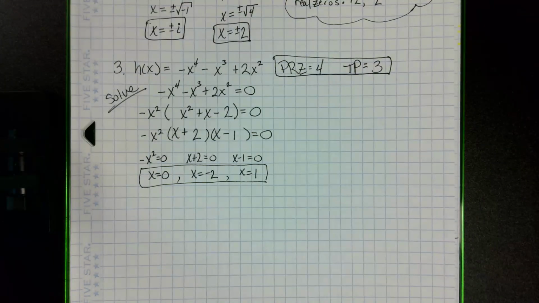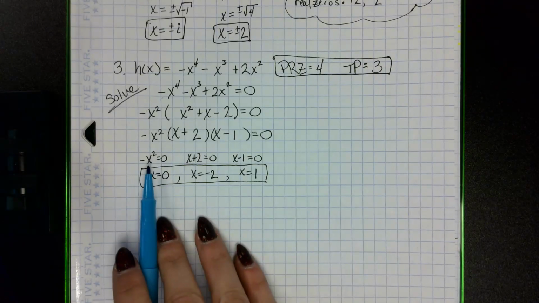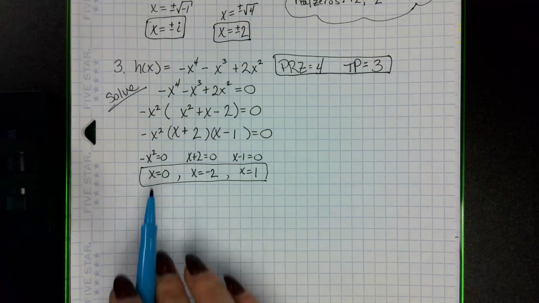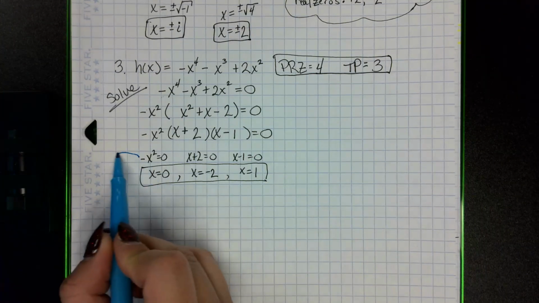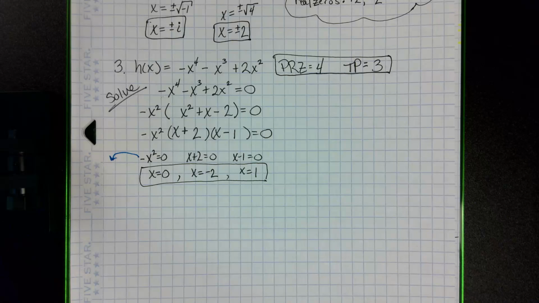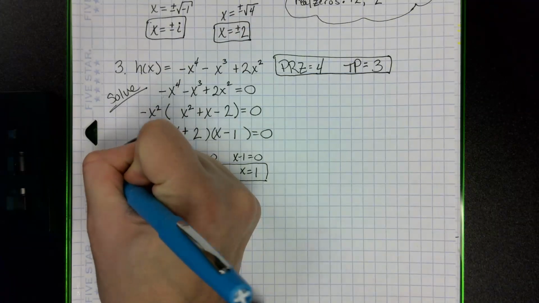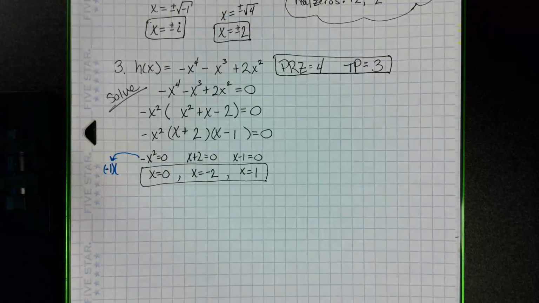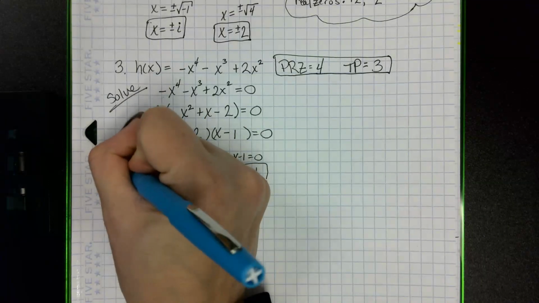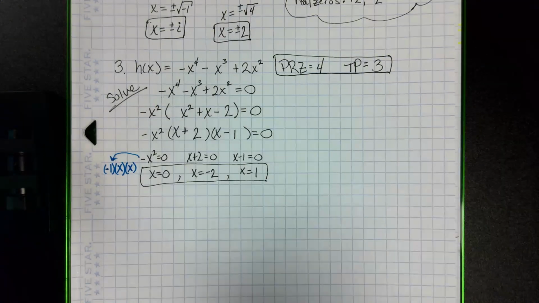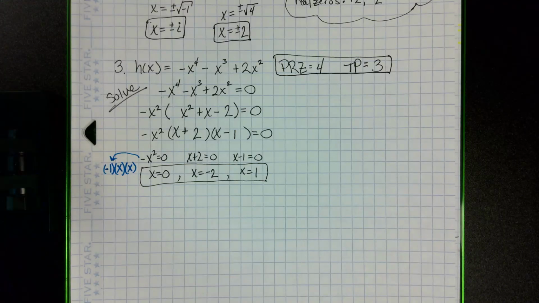But there's also something special about this first one at 0. Because that is x squared equals 0. So if we were to take this and split it up into its factors, the negative, I can just say that's negative 1. And then I have x squared, so that's like x times x. So negative 1 times x, that's negative x squared.